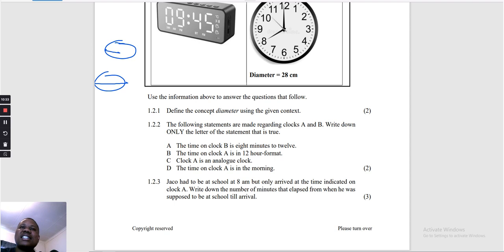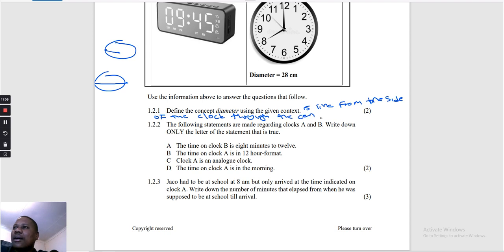So what is it that you can define? You can define this line. You can say diameter here, but we talk about the clock, is the line from one side of the clock through the center.